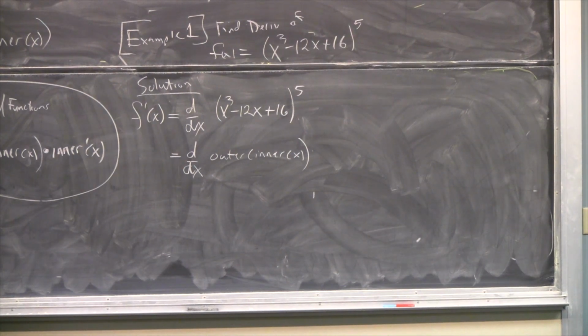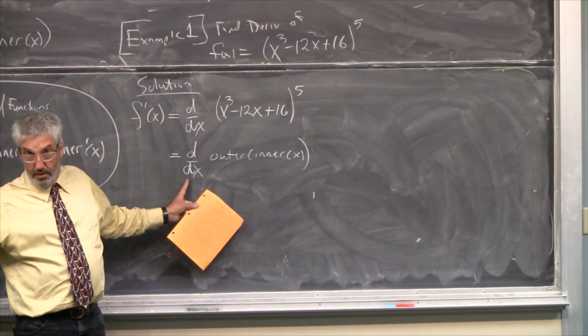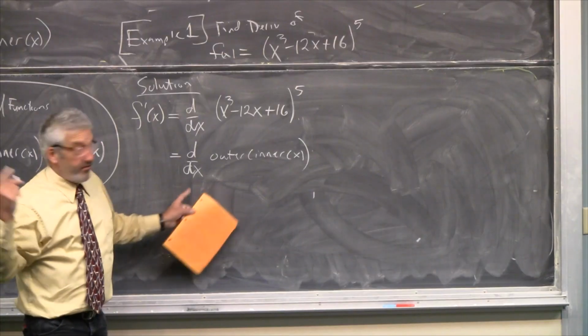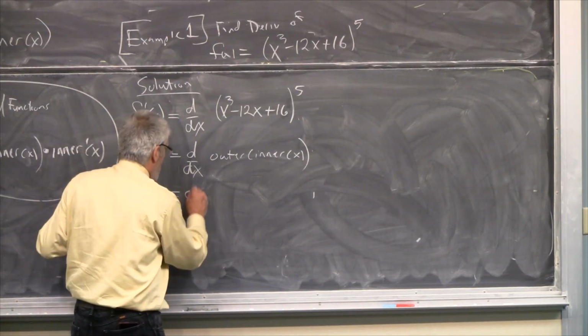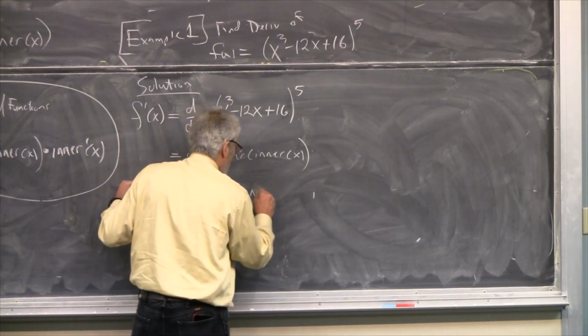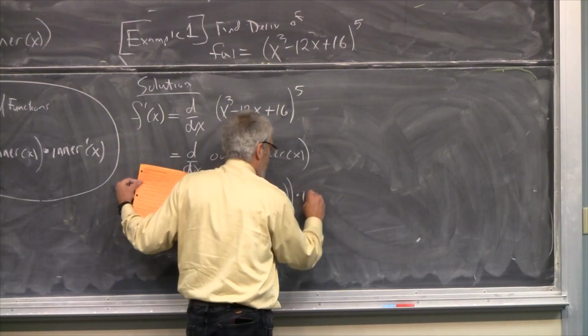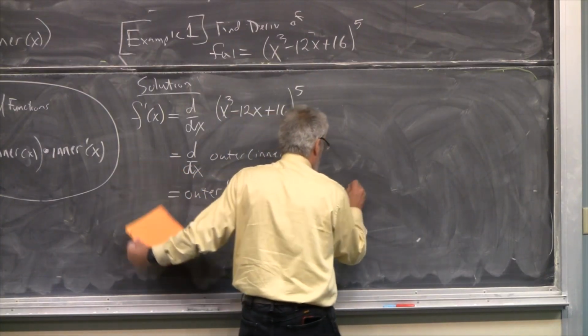We're looking at the derivative of a nested function. And this, then, is the left side of the chain rule. So then I'm going to write down the right side of the chain rule. This is outer prime, parentheses inner, parentheses x, times inner prime of x.